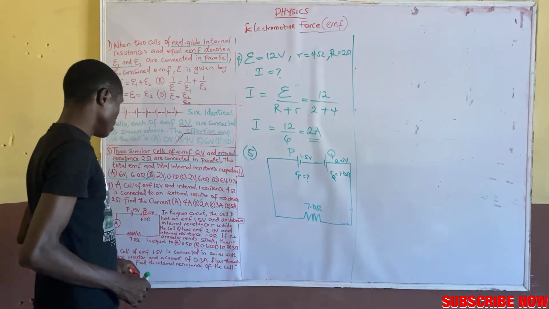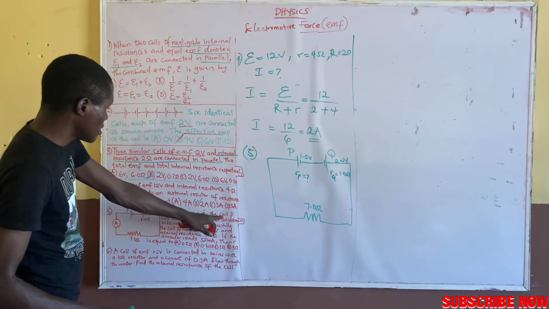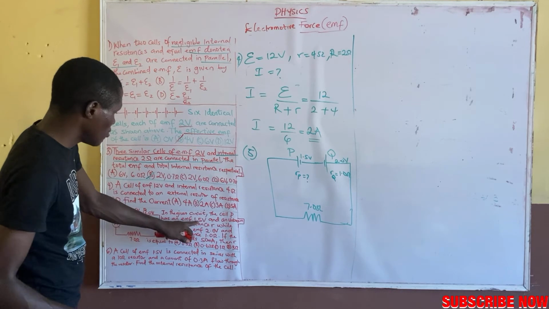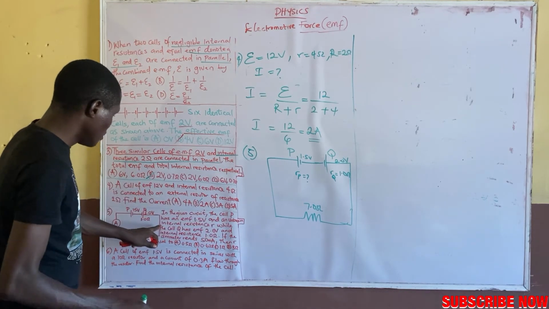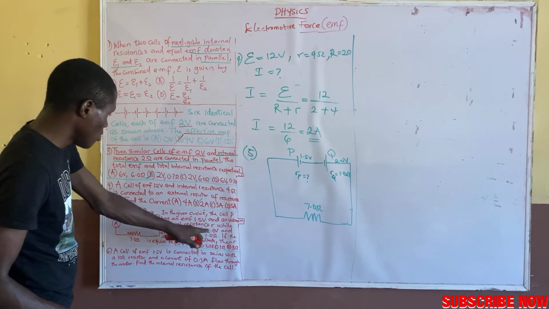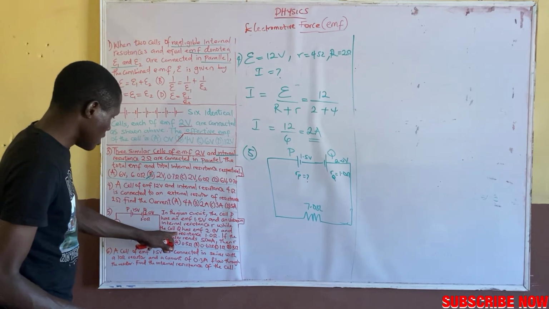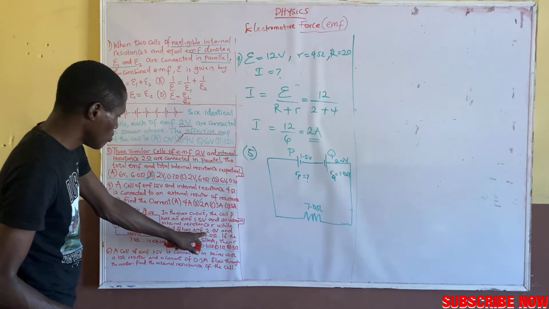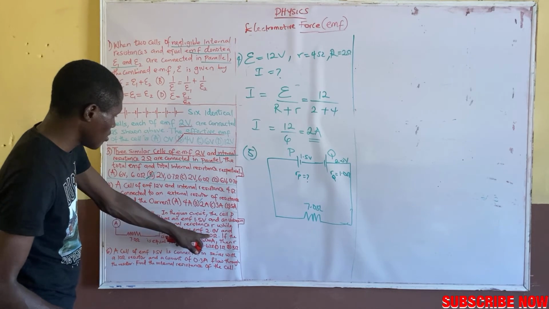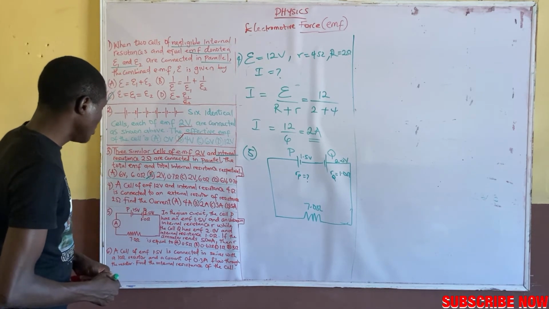In the given circuit, cell P has an EMF of 1.5 volts and an unknown internal resistance r, while cell Q has EMF 2.0 volts and internal resistance of 1.0 ohm.